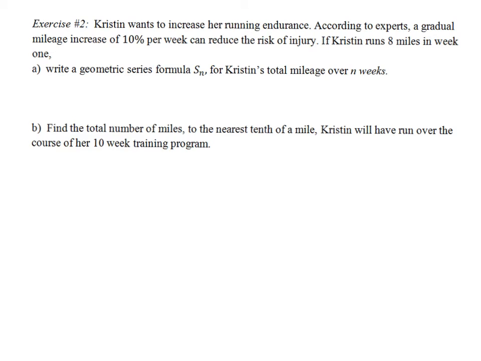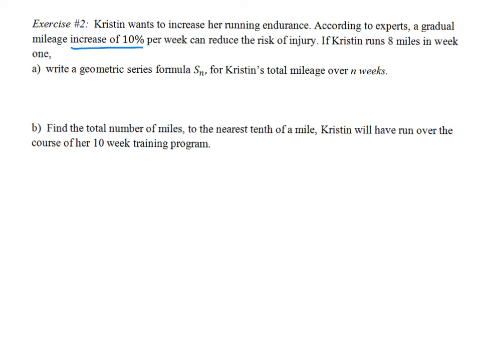In exercise number 2, we encounter a pretty common type of sequence and series problem. Kristen wants to increase her running endurance. According to experts, a gradual mileage increase of 10% per year can reduce the risk of injury. So we see that our increase is 10%.